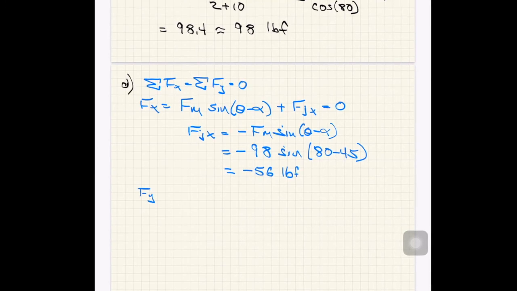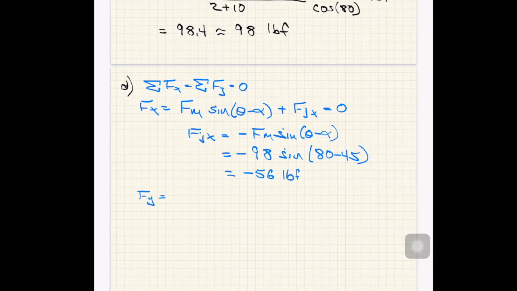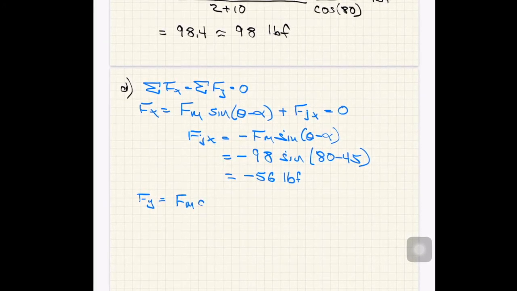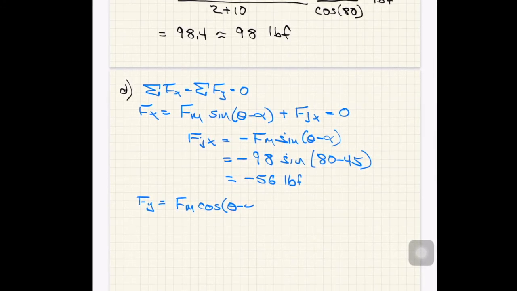Now we can do the same for F of y. And now we have some other forces to deal with. We have the force from F of m, and this time instead of the sine, we're going to use the cosine because we're looking at the other component of theta minus alpha.